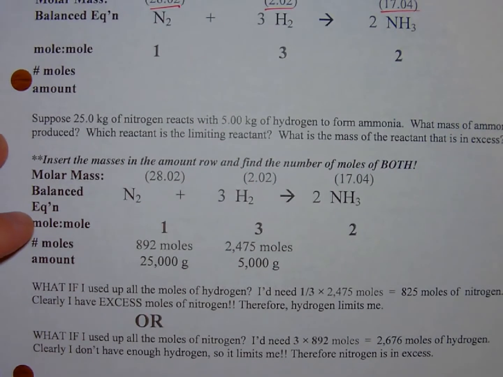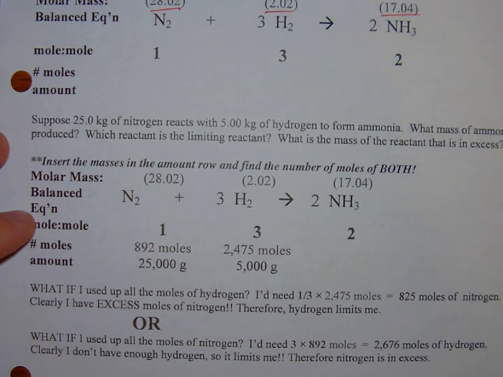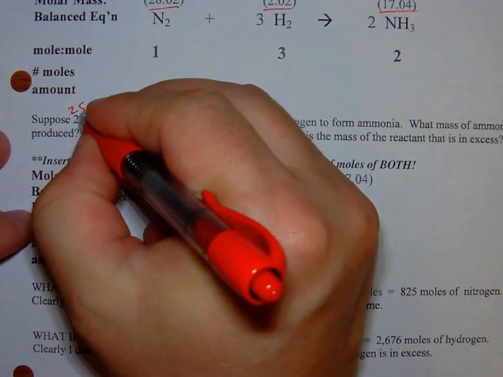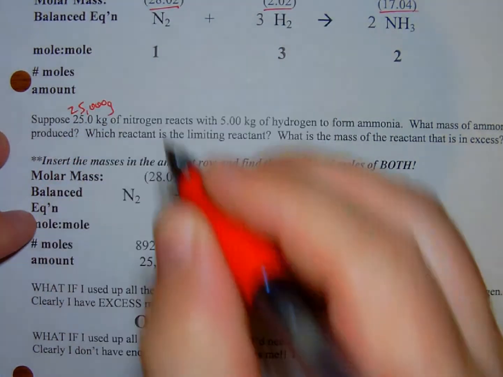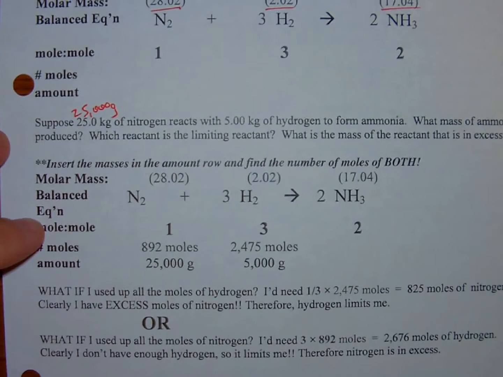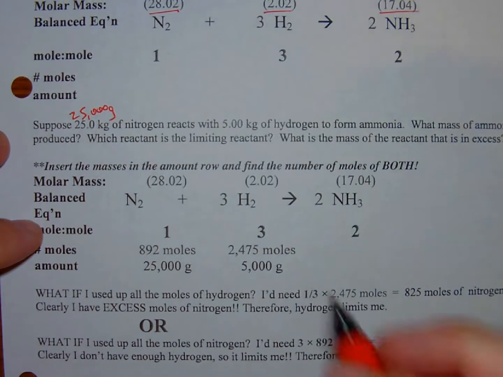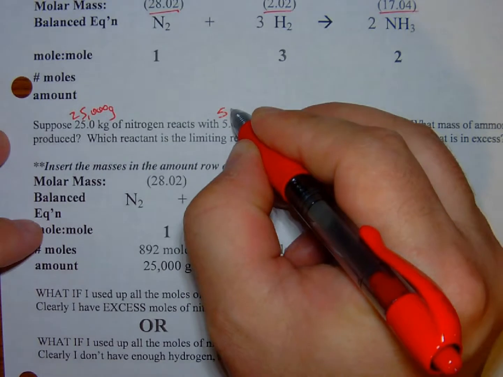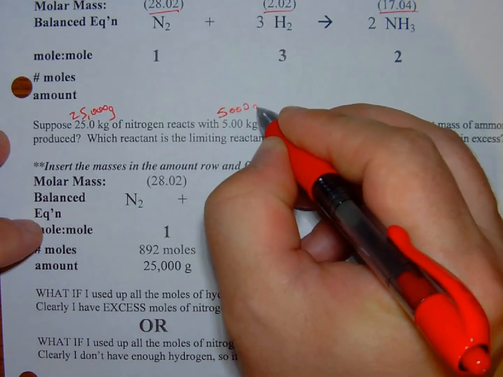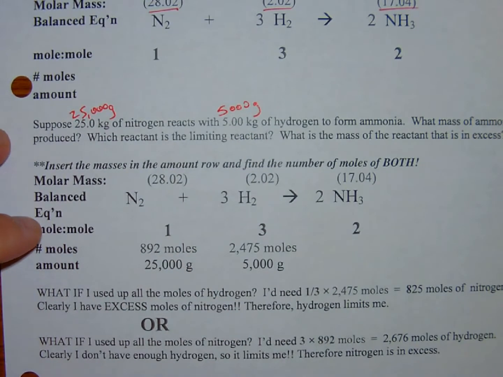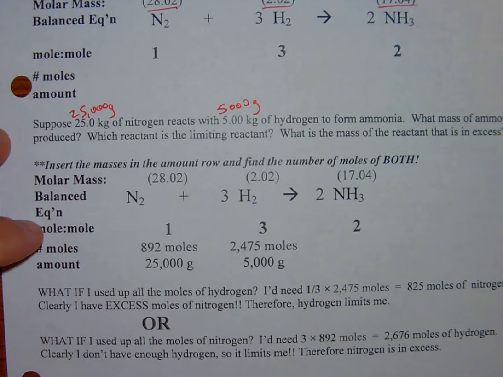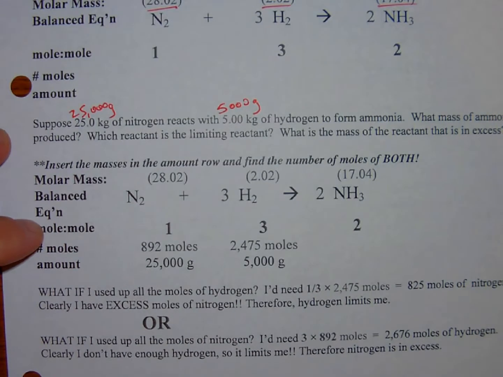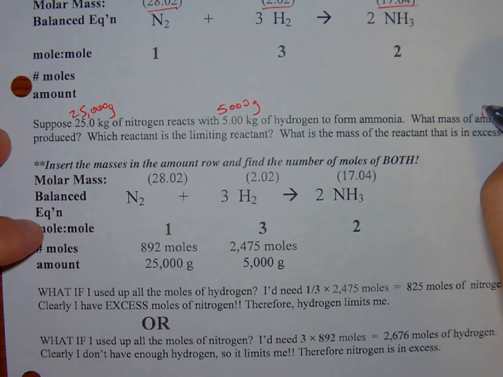So let's suppose that 25.0 kilograms, which is the same as 25,000 grams, that would just be easier because kilograms don't really go in our molar masses very much, reacts with 5 kilograms, so that's 5,000 grams of hydrogen to form ammonia. What mass of ammonia can be produced? All right, so this is the product, right?